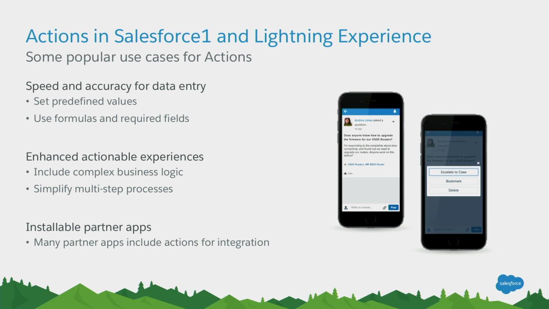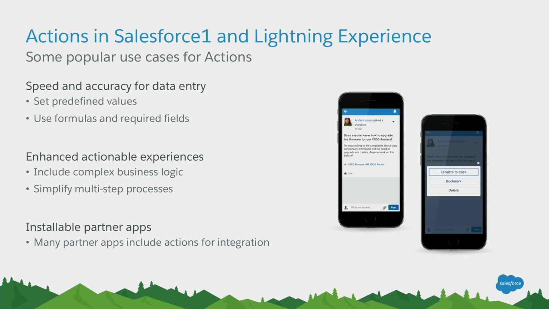But there's also a lot of complex business processes that I know our customers and our partners address through actions. And for those, I want to refer again to the ones that I was talking about a second ago: Lightning Actions, Visualforce Actions, and Canvas.